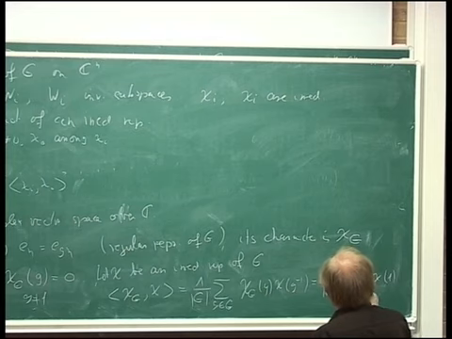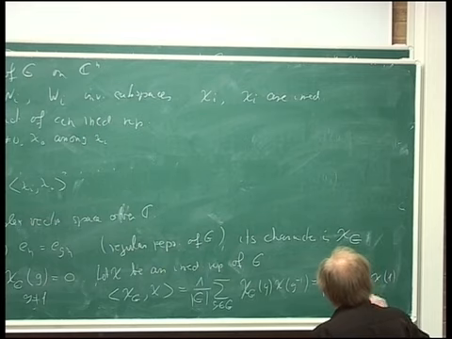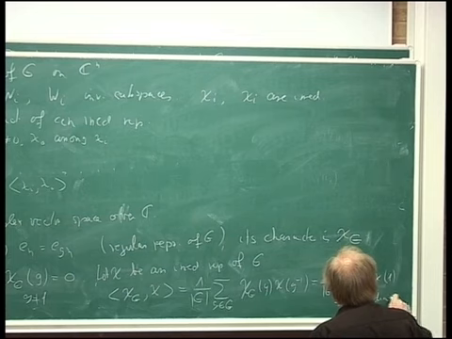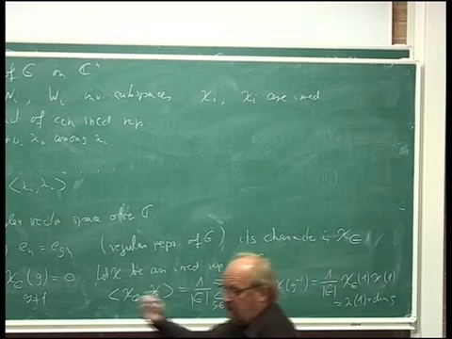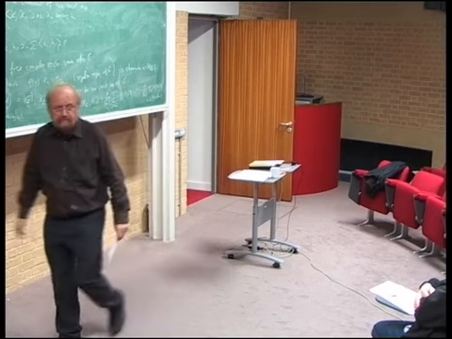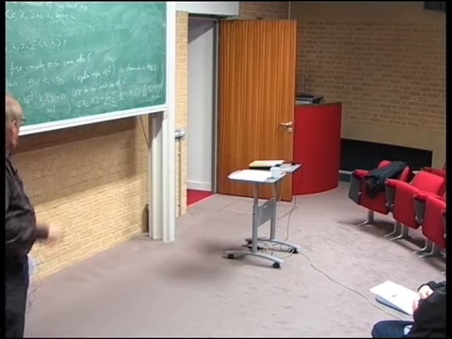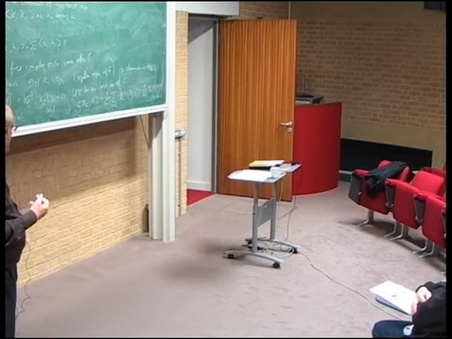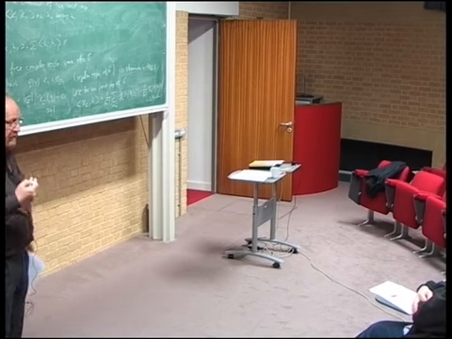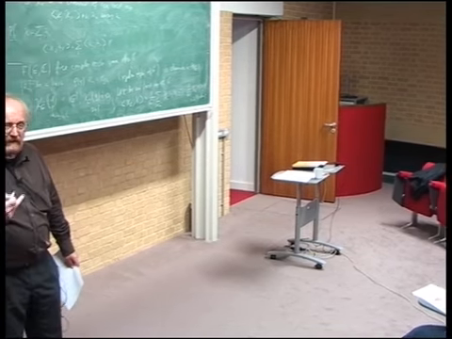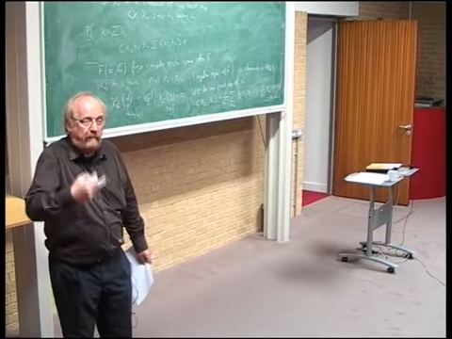So this is |G| over |G|, so this is chi of 1, and this is the dimension of the irreducible representation. So in the regular representation, each irreducible representation appears a number of times equal to its own dimension.